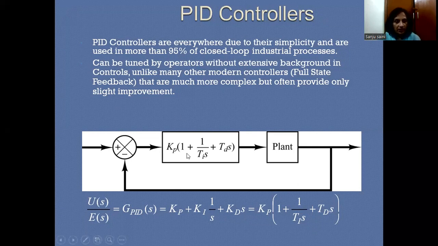This can also be written as KP times (1 plus 1 divided by TI s plus TD s). This is another form of writing the PID type of controller. So whatever form we take, we will be required to tune three parameters: KP, TI, and TD.